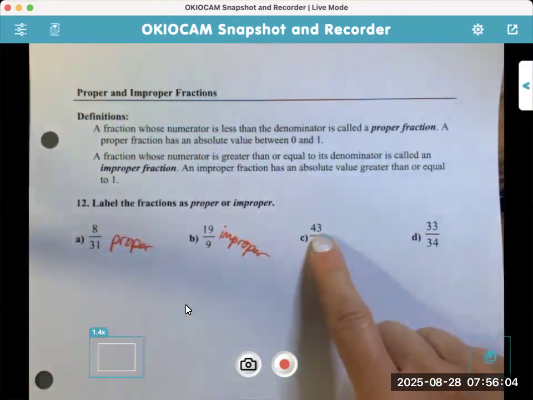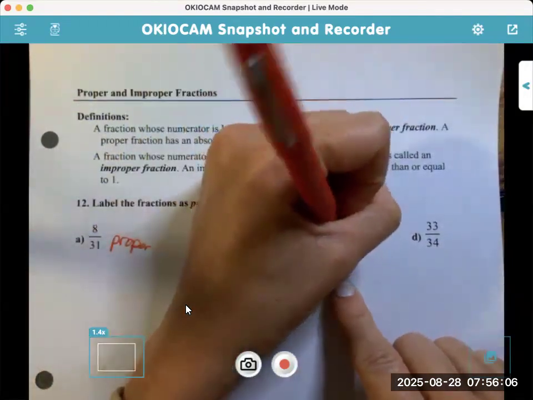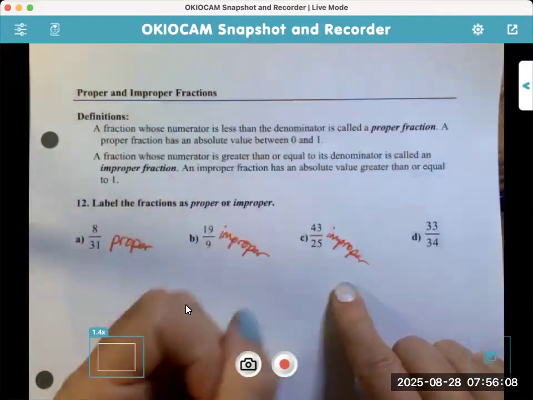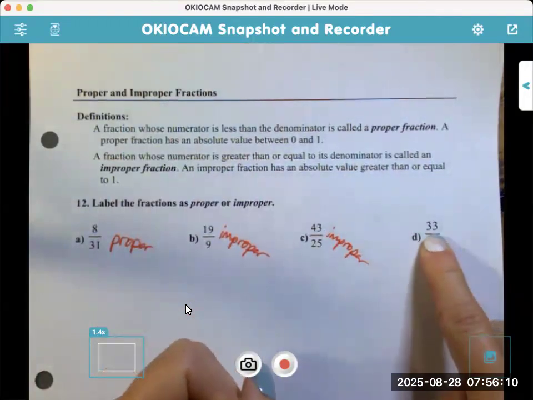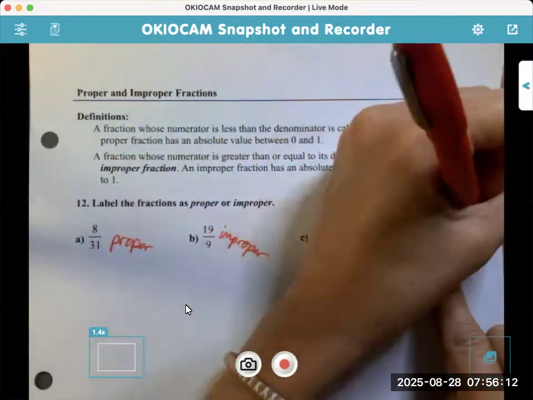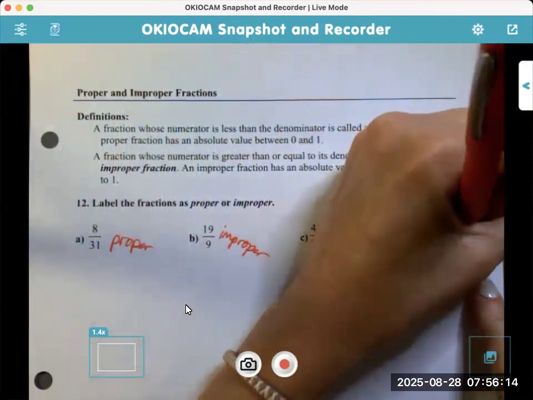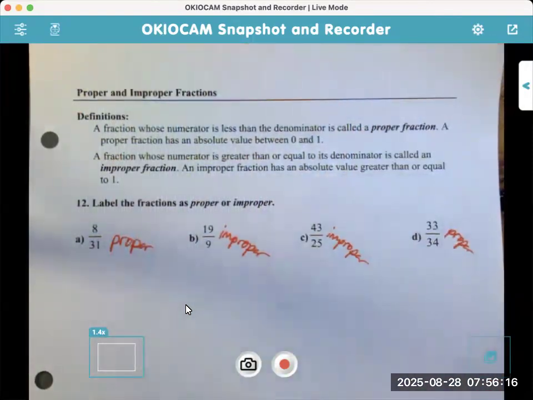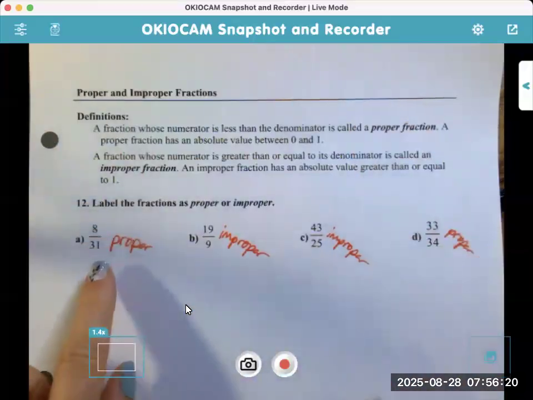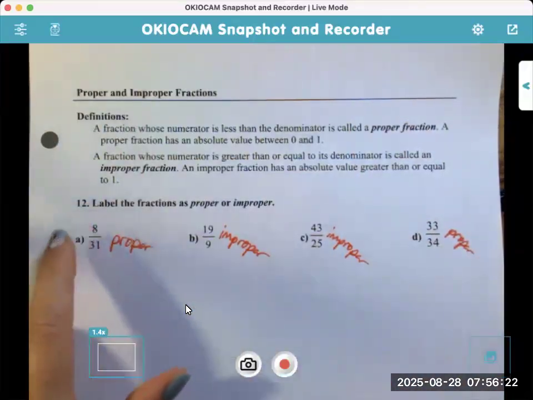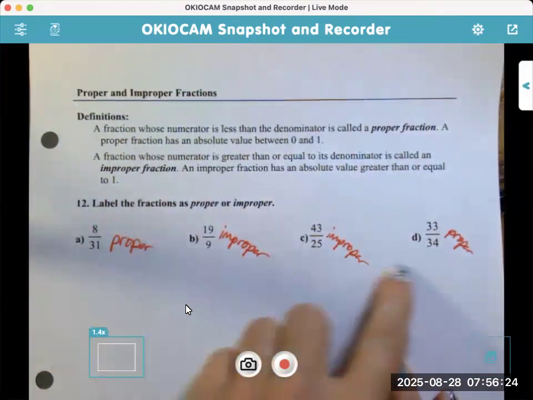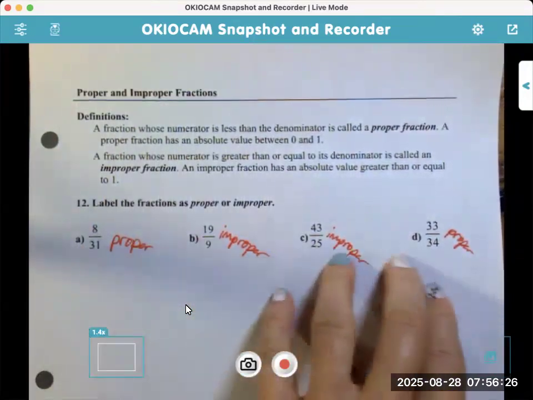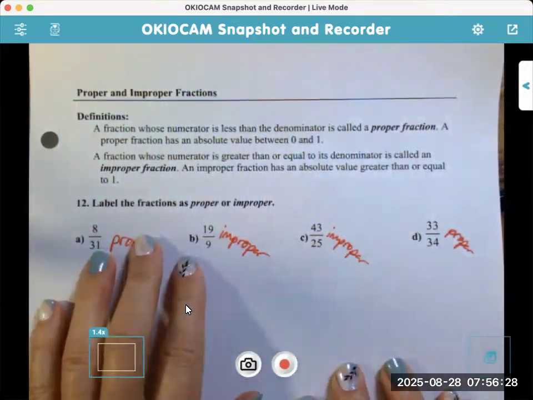Again, our top is heavier, so this is improper. Here, our top is less, our bottom's heaviest, so this is proper. That's it. So to be quote unquote proper, your top is less, your bottom is heavier. To be proper, you want bottom heavy essentially.